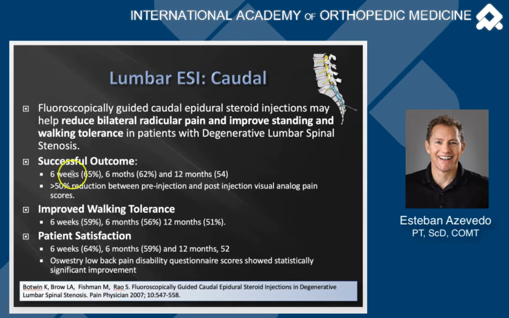This showed at 6 weeks, 65%, at 6 months, 62%, and 12 months after the procedure, 54% had greater than 50% pain reduction. That's pretty darn good. And improved walking tolerance in about those same numbers, and patient satisfaction in about those same numbers. So you could say in about half the people, they're going to get greater than 50% pain reduction, improved walking tolerance, and they'll be satisfied with the procedure.